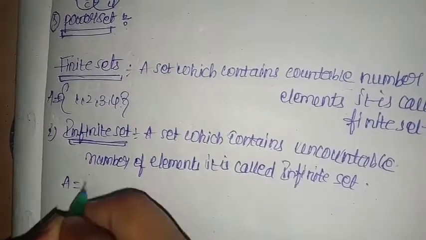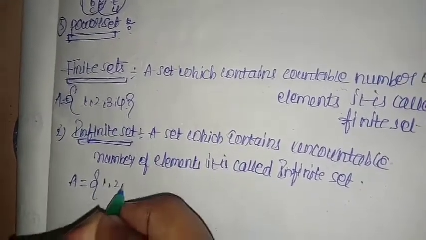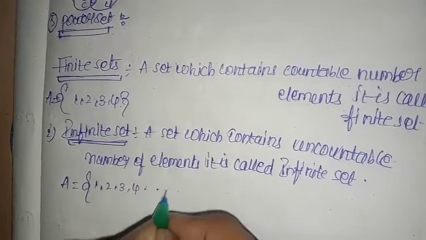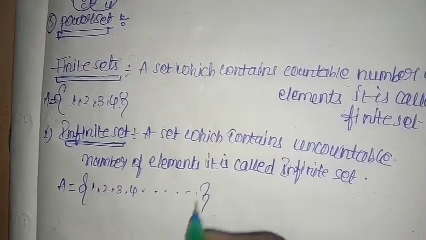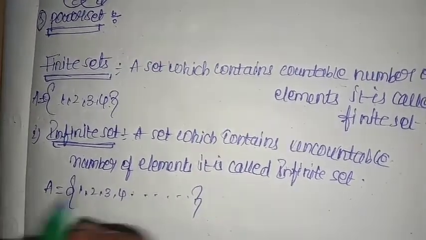Example, A equal to 1, 2, 3, 4 and so on. So there is no limit to these numbers, so it is said to be an infinite set.